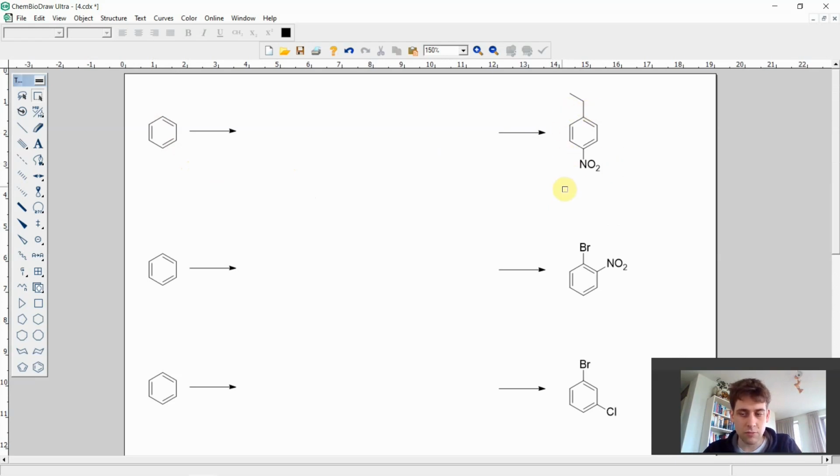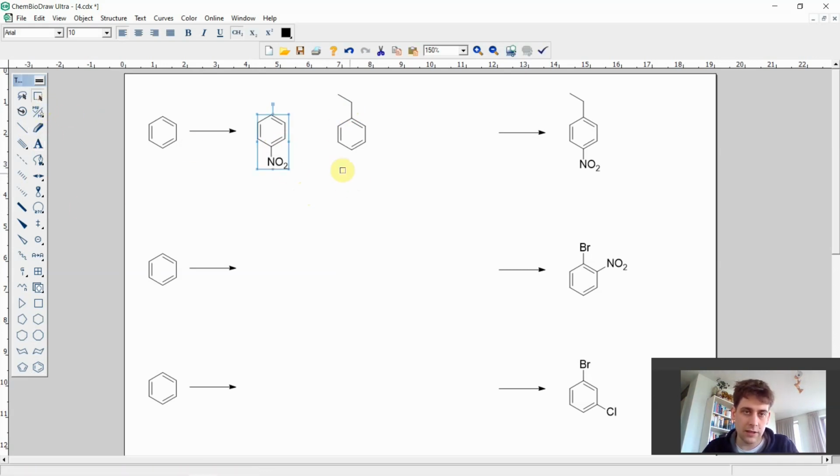And so we can basically come up with 2 hypotheses. First, introduce the nitro group and then the alkyl group, or the other way around. And what is actually more beneficial? Let's draw the 2 alternatives out, and then we can decide which one is better. First this, or first the alternative with the nitro group.